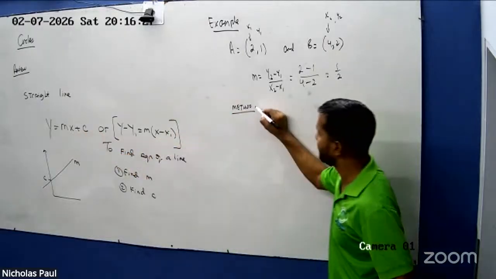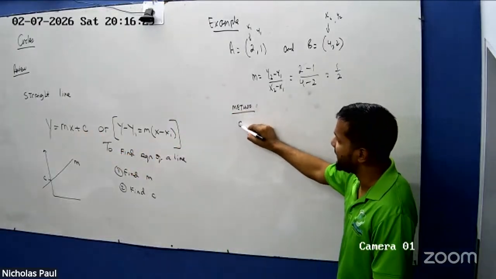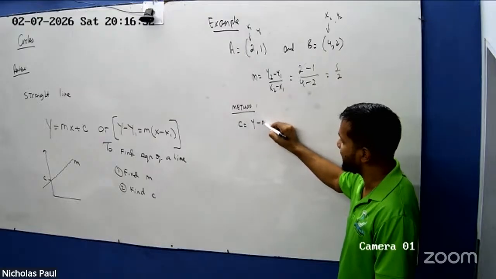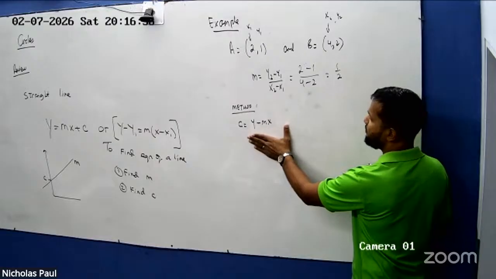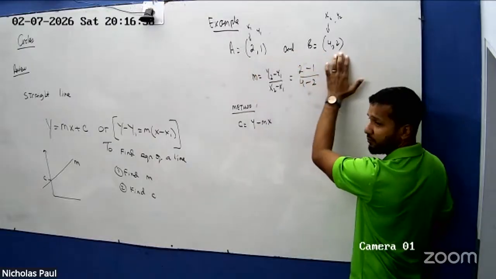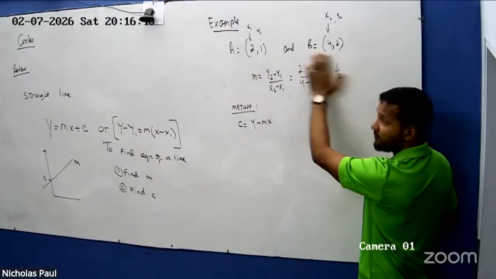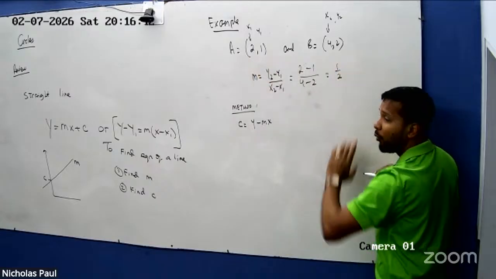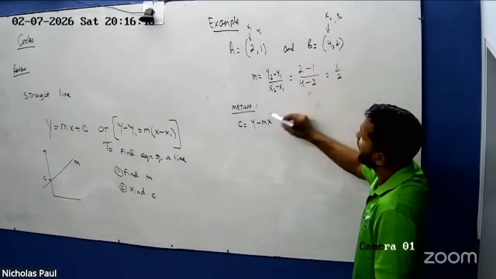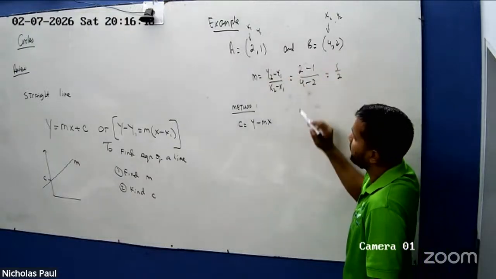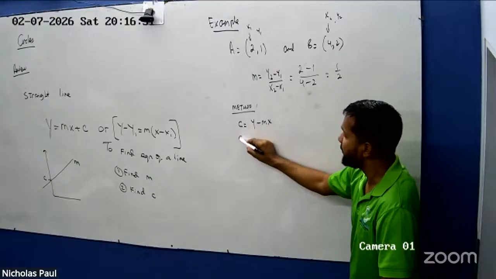Then I'm going to show you method 1, how to find the equation using this formula. You want to find c. c is y minus mx. Does it matter which point I use? Does it make a difference if I use this or this? No, once it's a point on the line. How do we find c?